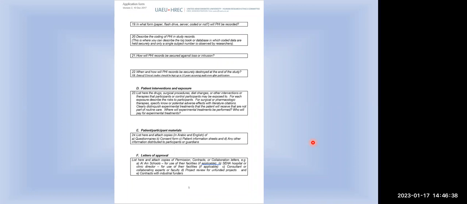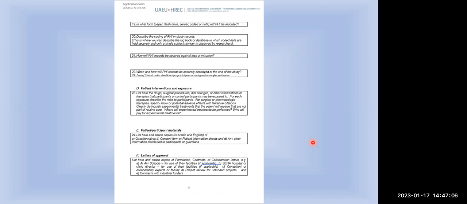This is very important. Or if you are working in a school on children, you need to get ethical approval from that school, as well as from the educational department, for example if it is in Abu Dhabi, the educational department in Abu Dhabi.